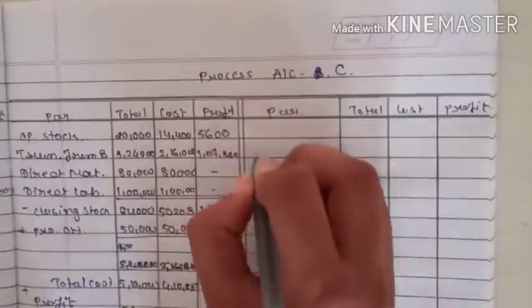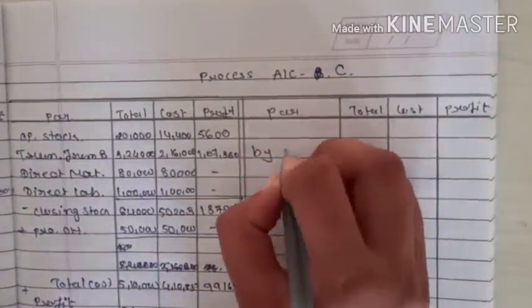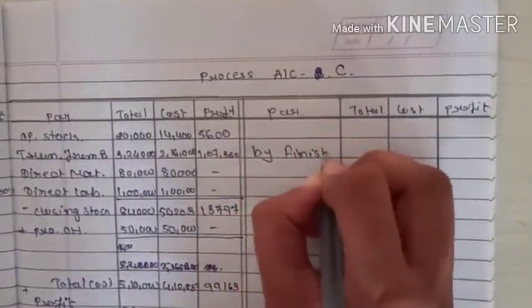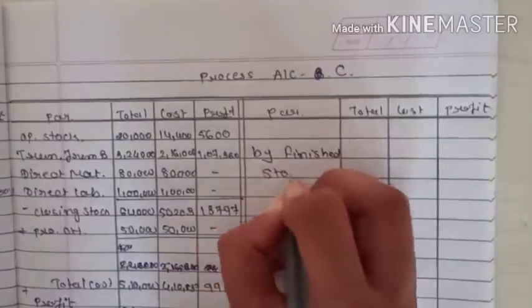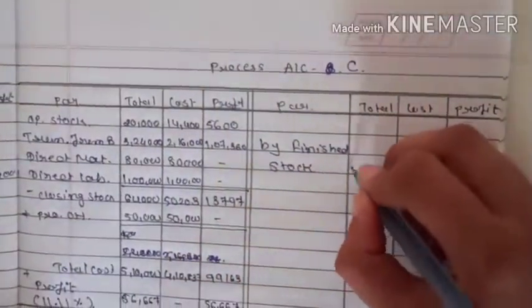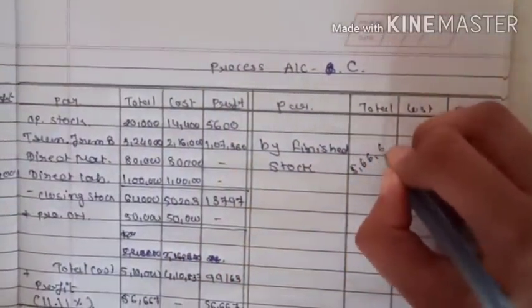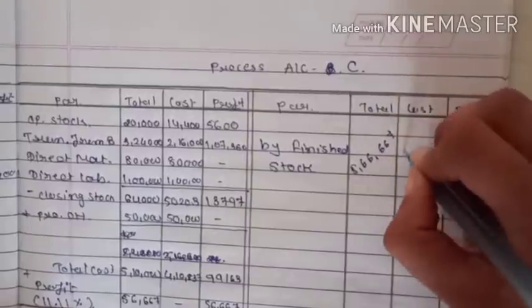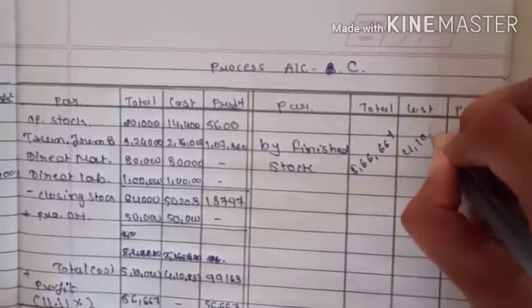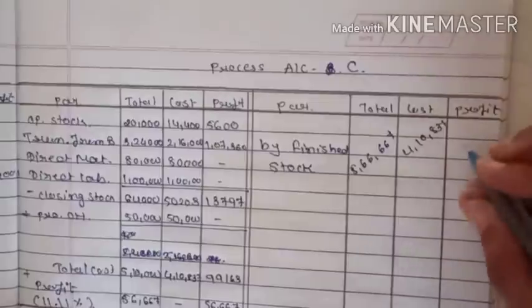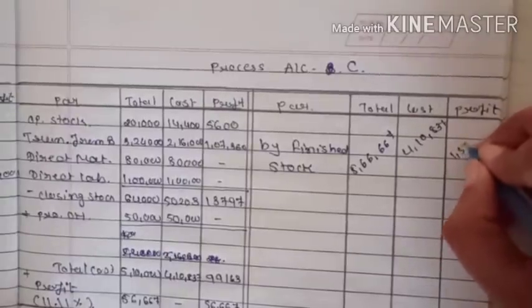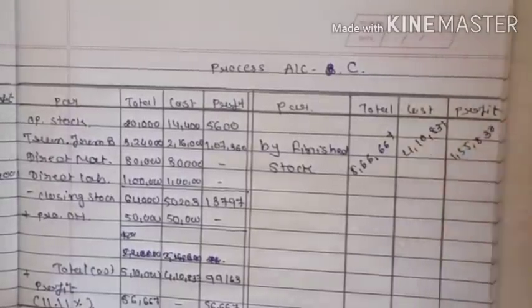Now transfer to finished stock: 5,66,667, cost price 4,10,837 and profit 1,55,830.